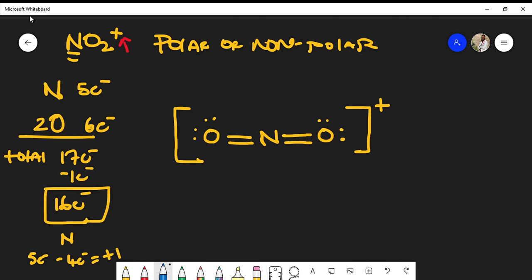So in this case, nitrogen will gain a partial positive charge, and the oxygen will gain a partial negative charge because it is more electronegative. At this moment, we should see that this molecule is linear, and so we do have dipole moments pointing tail to tail in opposite directions, and therefore, the nitronium ion is actually a nonpolar molecule.